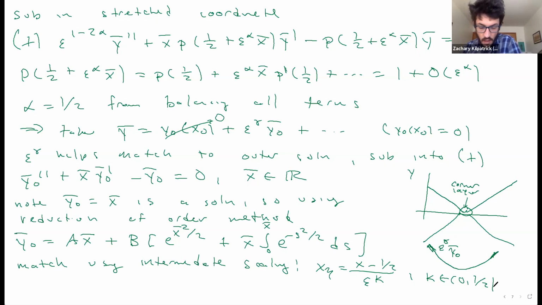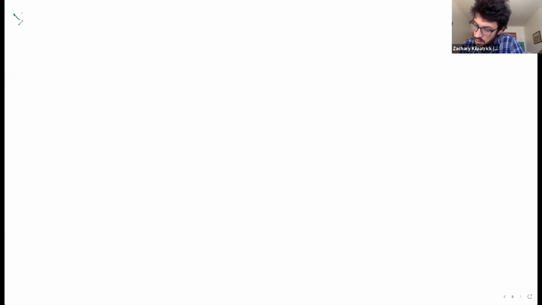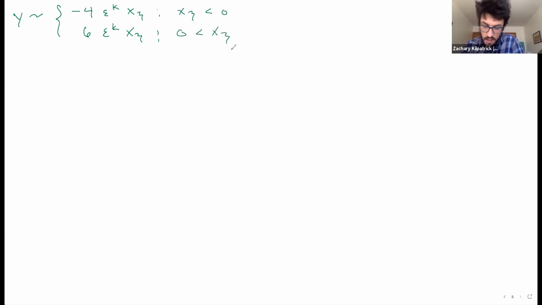So in this case, if we take y, we have that y is approximated by 4 epsilon to the kappa x eta, 6 epsilon to the kappa x eta for x eta less than 0 and for x eta greater than 0.